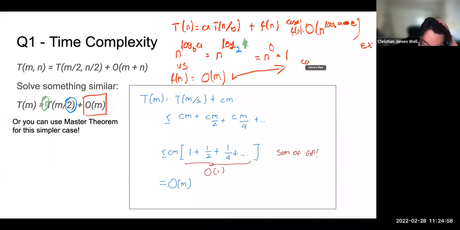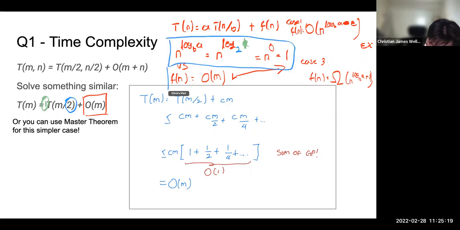Correct me if I'm wrong. Case 3 is something like f(n) equals omega of n to the log base b of a plus epsilon. Case 2 has a log factor to it, but I won't go through it. Let's focus on this.